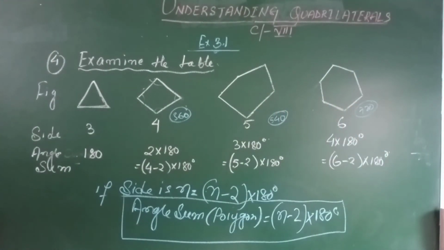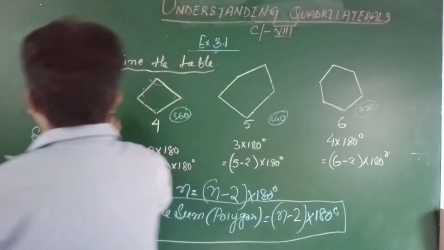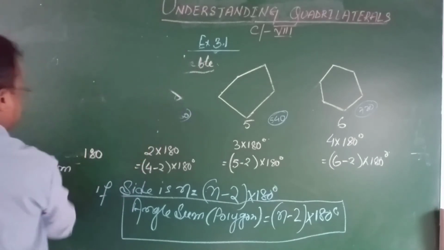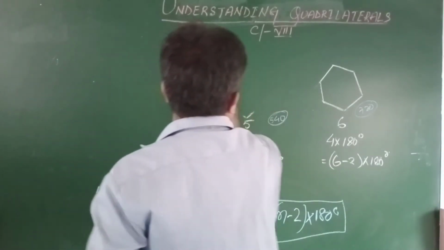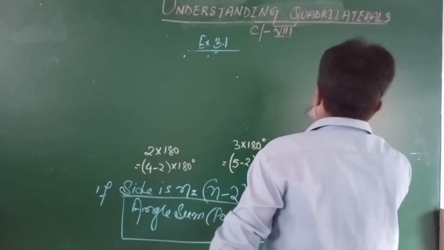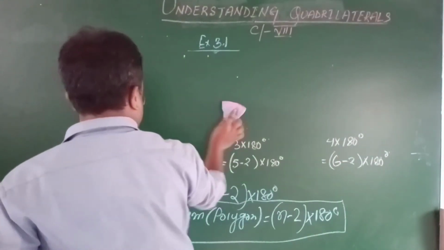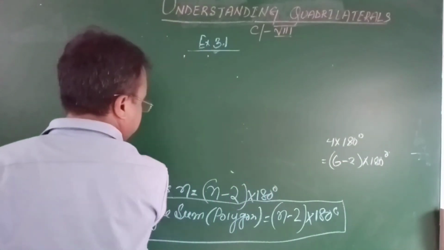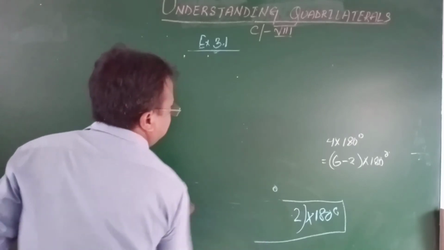That is, what can you say about the angle sum of a convex polygon with 7 sides? If the side is 7, what will be the angle sum? So our formula is n minus 2 into 180 degree.